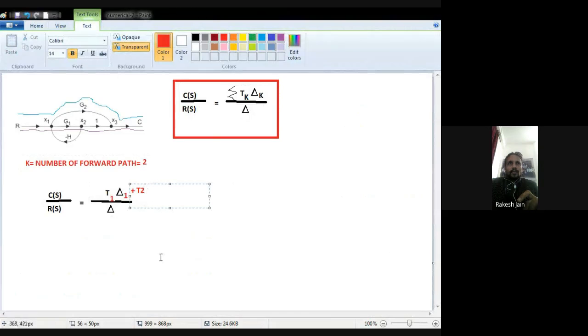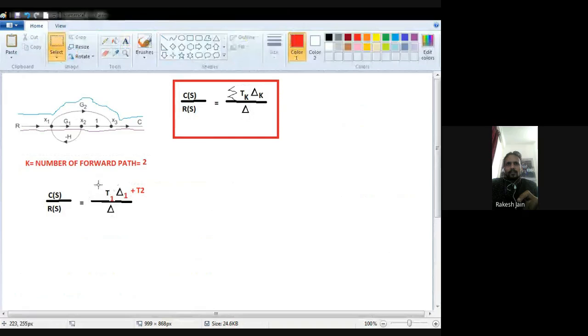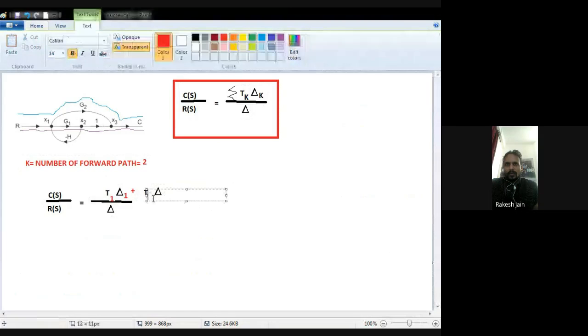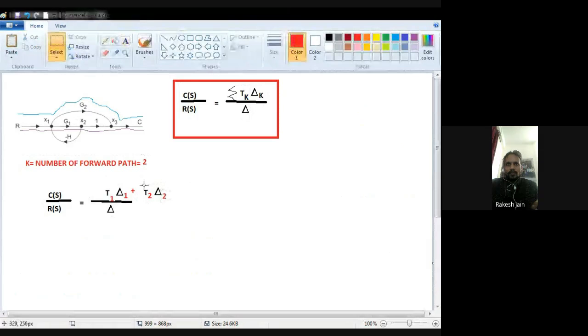So I have to write down T1 del 1 plus T2 del 2. Because k is equal to 2, 1 is for T1, 1 is for T2, 1 is for del 1, and 1 is for del 2.